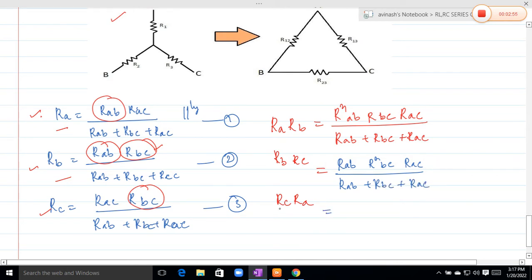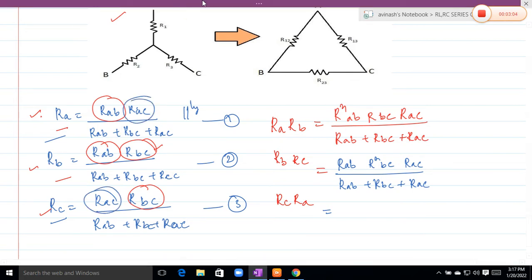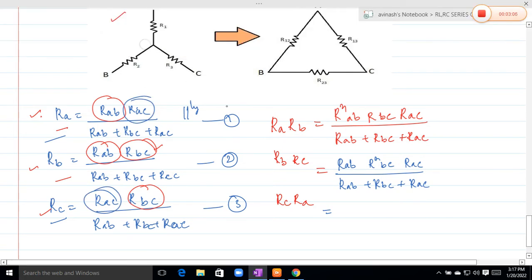In the same way, RC into RA: the common factor we have here is RAC. That implies RAB into RBC into R square AC, whole divided by RAB plus RBC plus RAC.